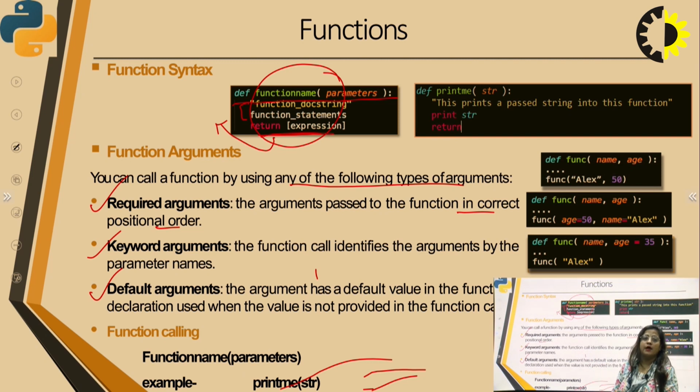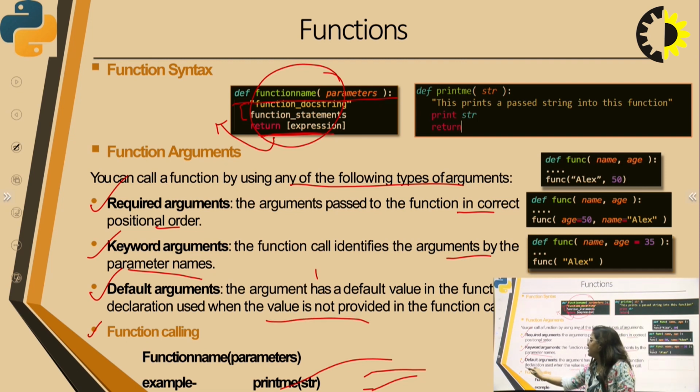Second is keyword argument. In keyword argument, the function call identifies the argument by the parameter's name. Third is default argument, the argument has a default value in a function declaration, used when the value is not provided in the function call.